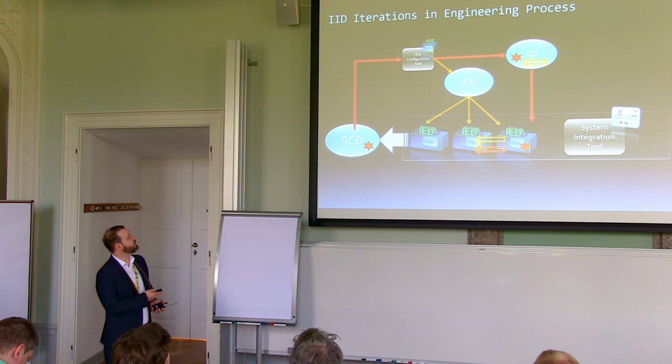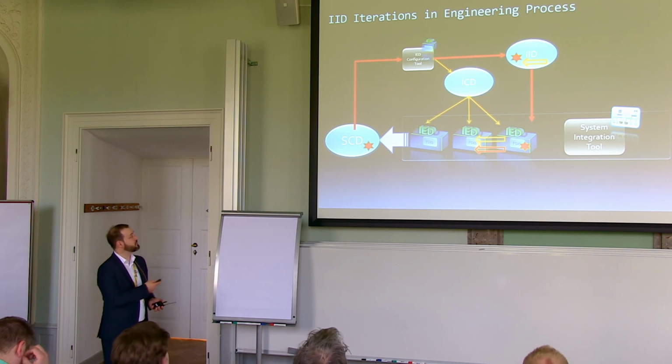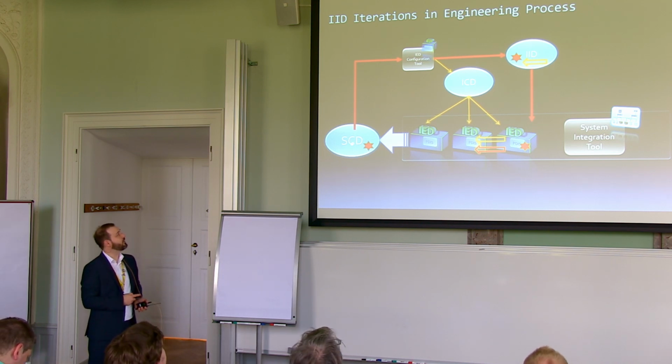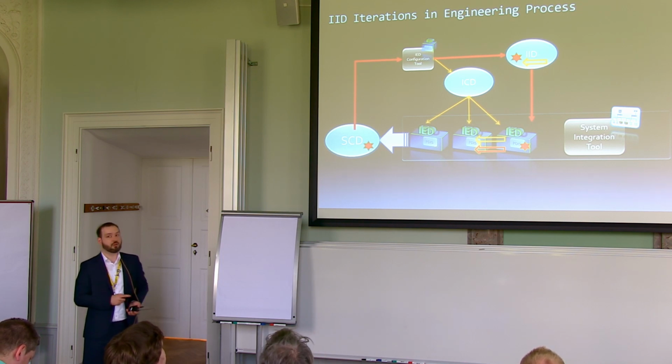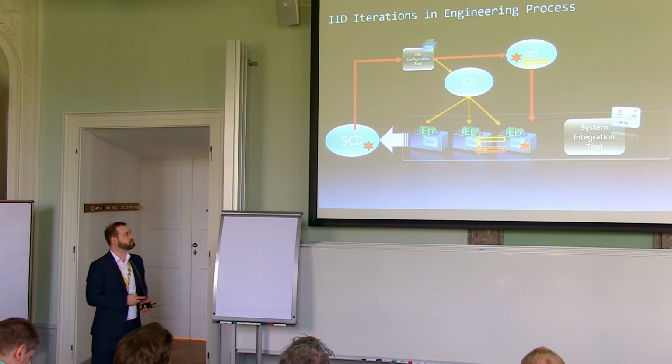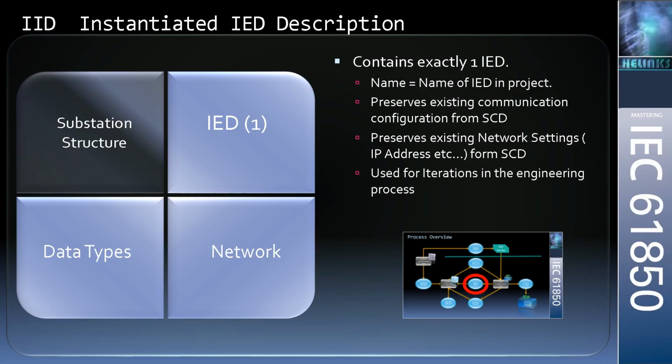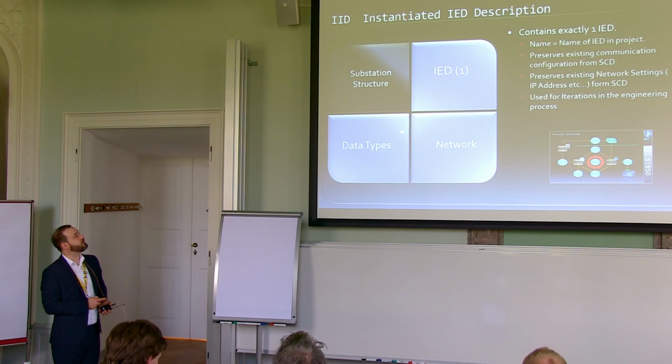So the final resulting SCD then should contain these changes, and if we need to do more iterations, it will look exactly the same. So what's in the IID? It's called the Instantiated IED Description. It's basically a tiny subset of what will become the final SCD file. It contains exactly one IED.